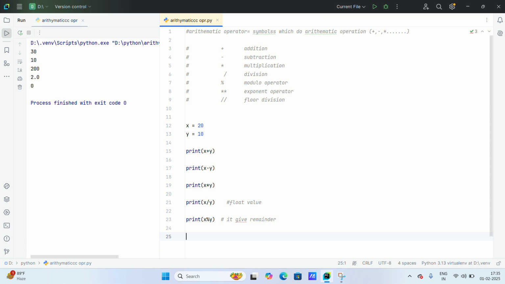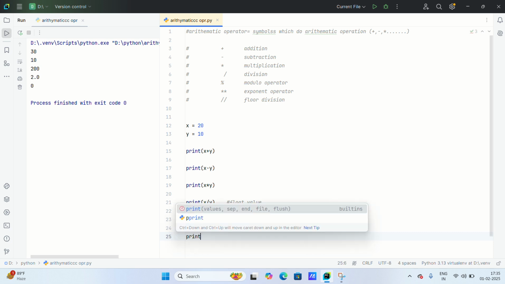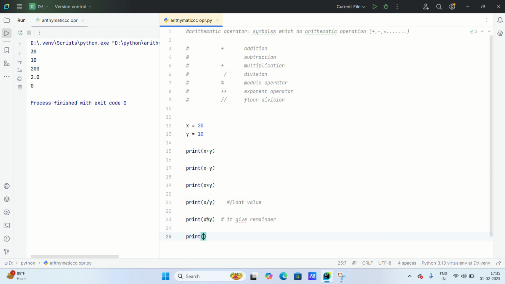My eighth arithmetic operator is exponent. The exponent operator works like this. If we have a number like 10, and I write two times into 2, what will happen here? It will work as 10 into 10, meaning it will multiply 10 into 10 for 2 times, because I have written 2 here.